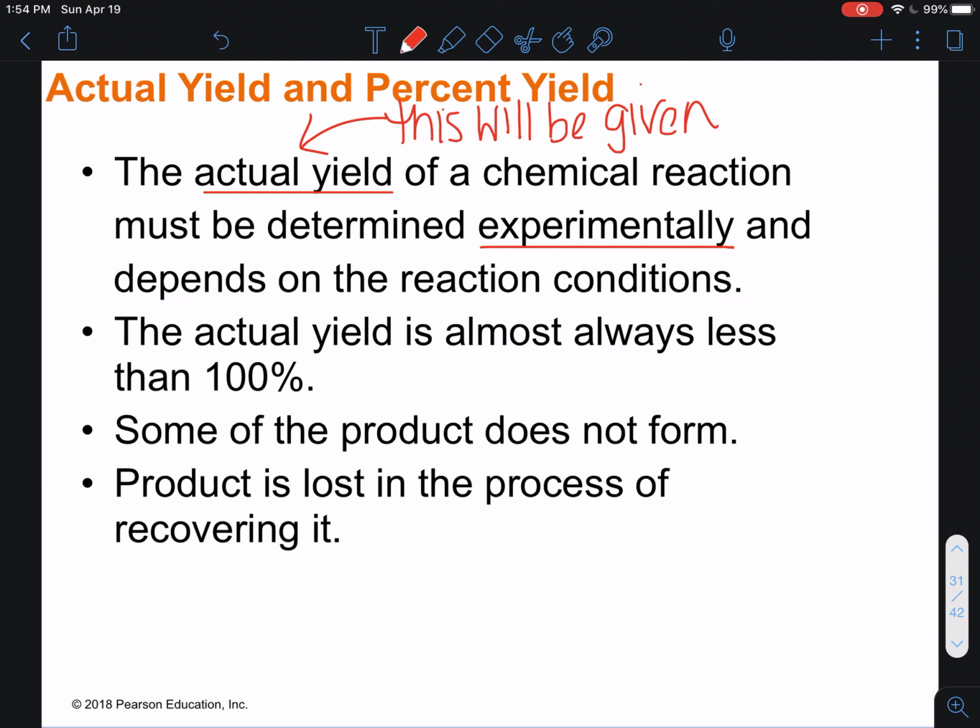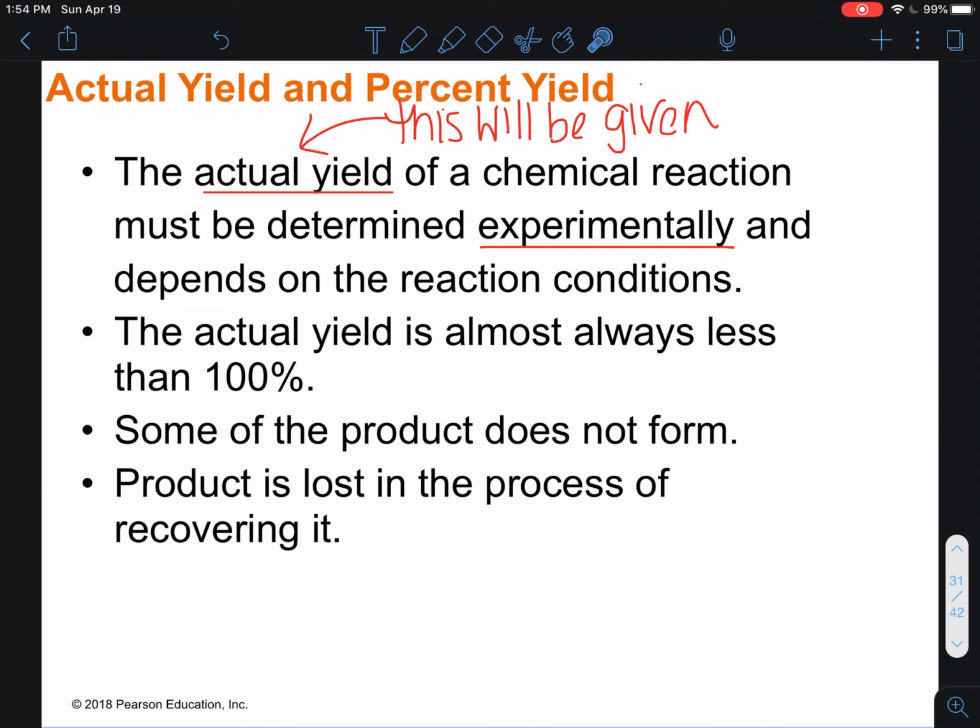So actual yield of a chemical reaction will always be given to you because it is normally determined experimentally. The actual yield is almost always less than 100%, and that is because of human error. It's very hard to sit back and say, oh, I did everything perfectly. You know, reaction conditions have to be perfect.